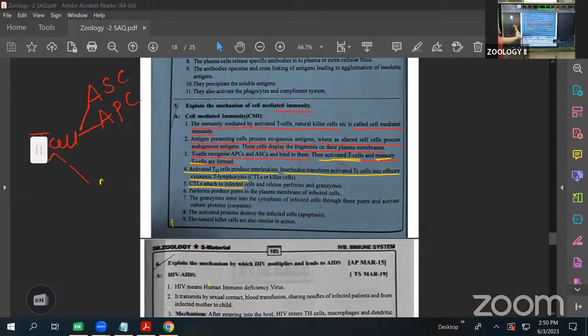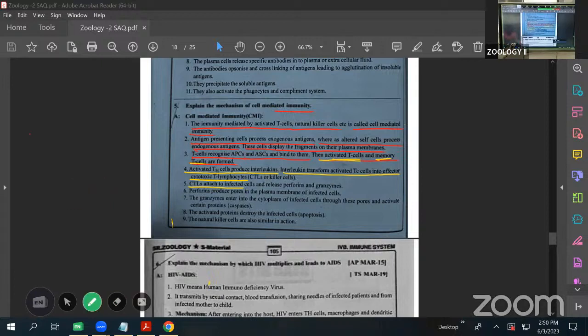The interleukins are released automatically. The interleukins transform the T helper cells, and the T helper cells release interleukins.